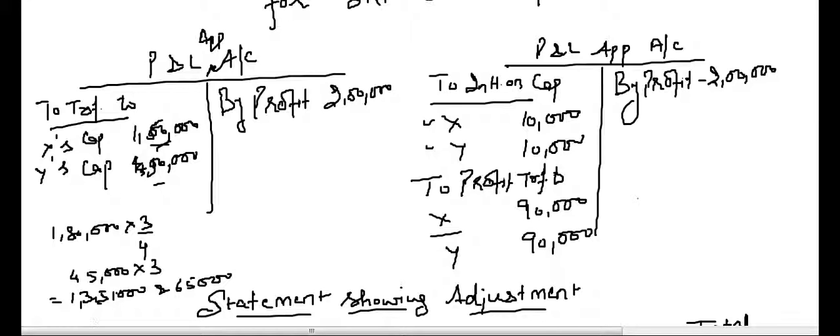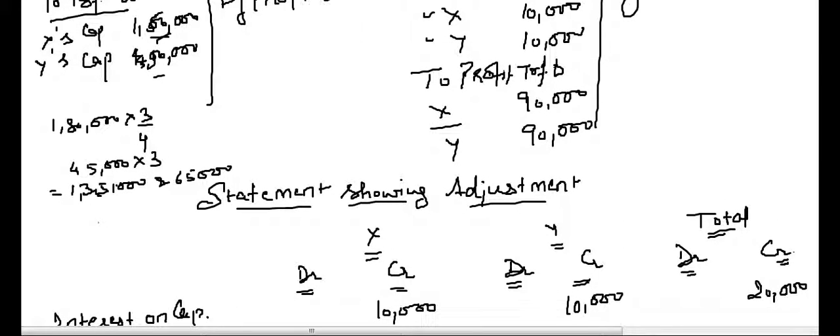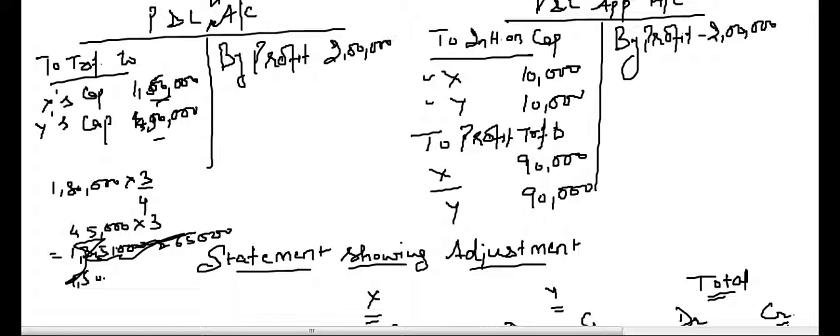Now what they are paid is 1,50,000. I'll show you as a separate working note. Here what should have been paid is 1,35,000 and 45,000, but they are paid as 1,50,000 and 50,000. Clear?